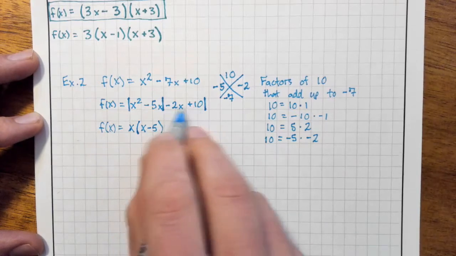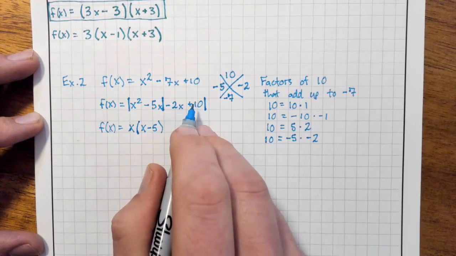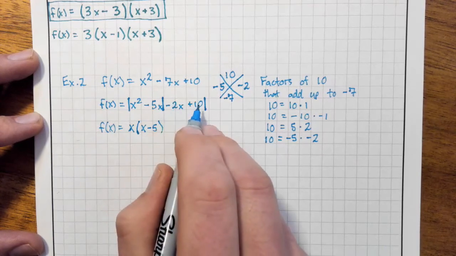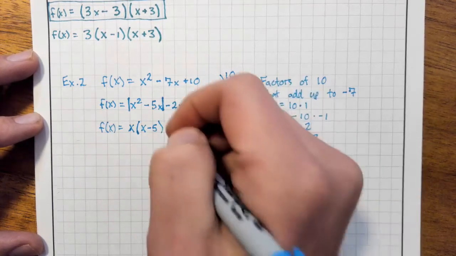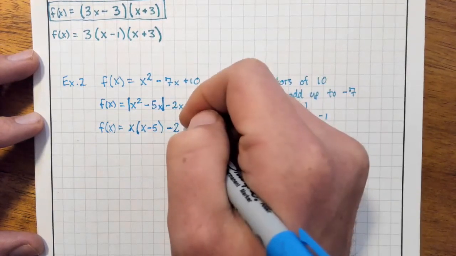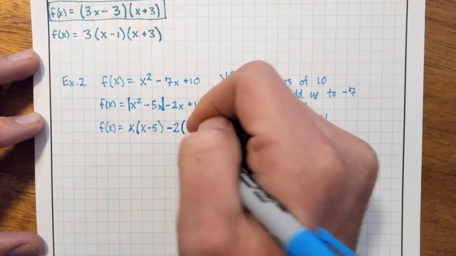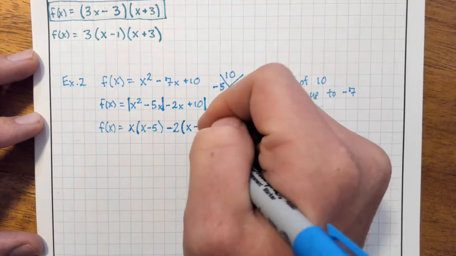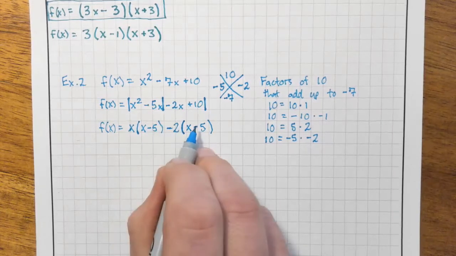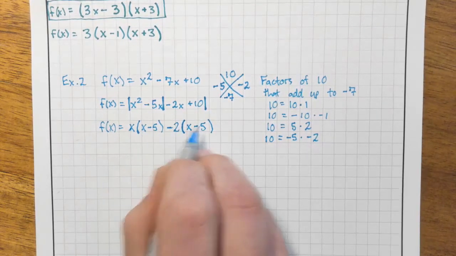x times x minus 5. Now we'll move on to the second group. The largest thing that goes into both negative 2 and positive 10 is going to be negative 2. Which leaves me with x minus 5. And hey, that's the reason I pulled out the negative 2. Remember, I want these two groups to be the same.